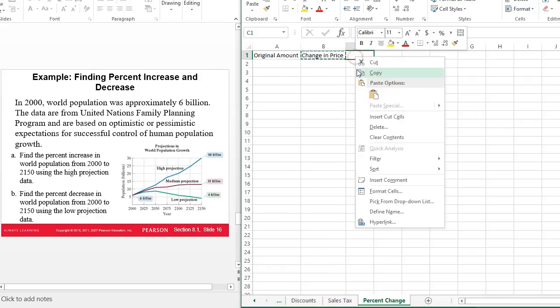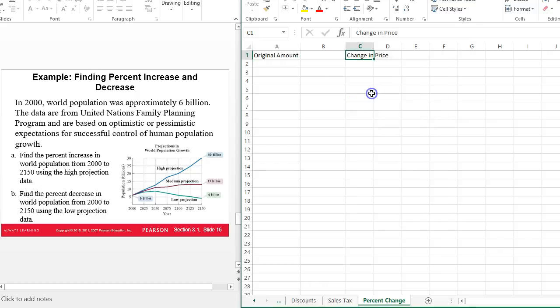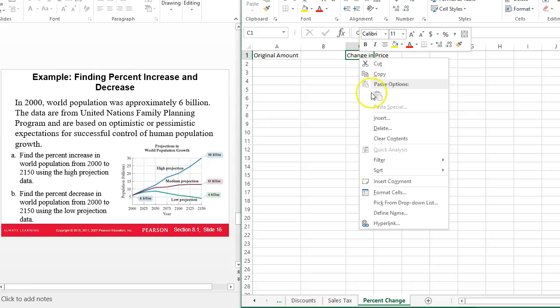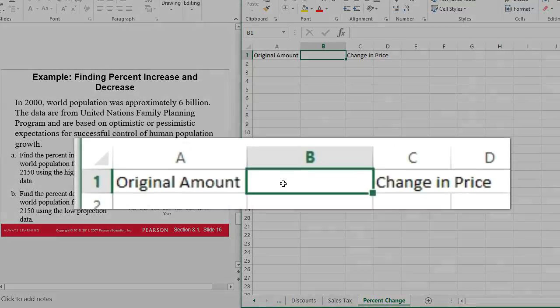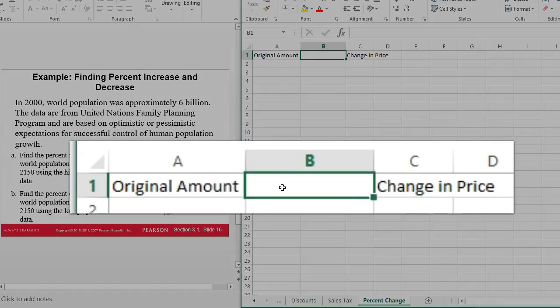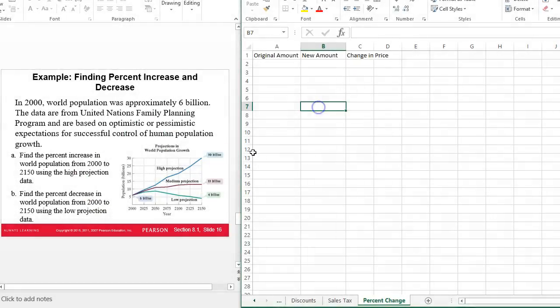So you can still see right click, and then this paste. You can either get Control V for paste, or you can just right click and hit the little clipboard. Let me do this. Original amount, and then new amount. Alright, the new amount is just the more recent amount. So 2,000 is the original amount, 6 billion, 30 billion is the change amount.